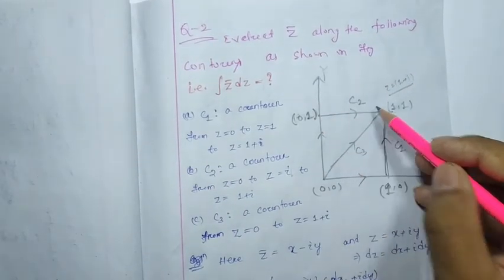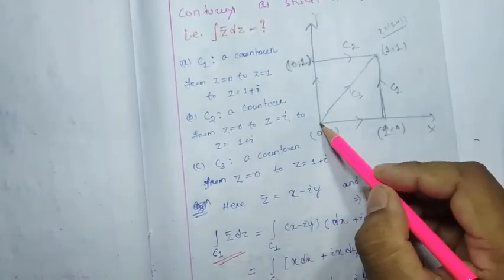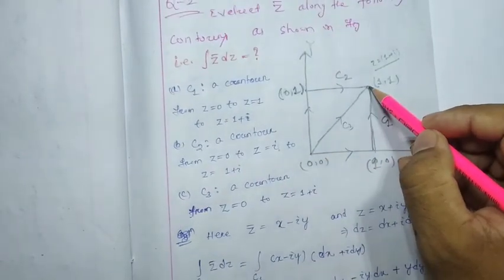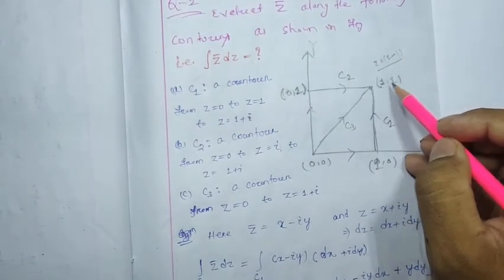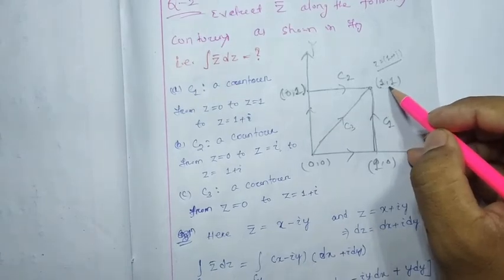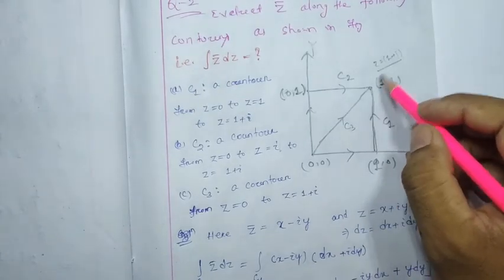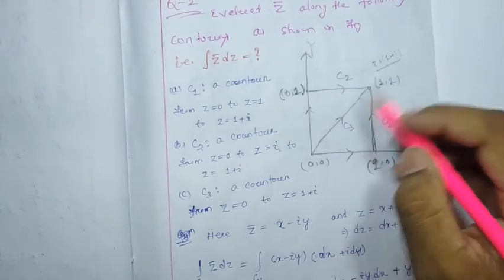Contour 3, C3, is z equal to 0 to z equal to 1 plus i. This point has a real and an imaginary part, but if we write the value of z at this point, it will be 1 plus i.